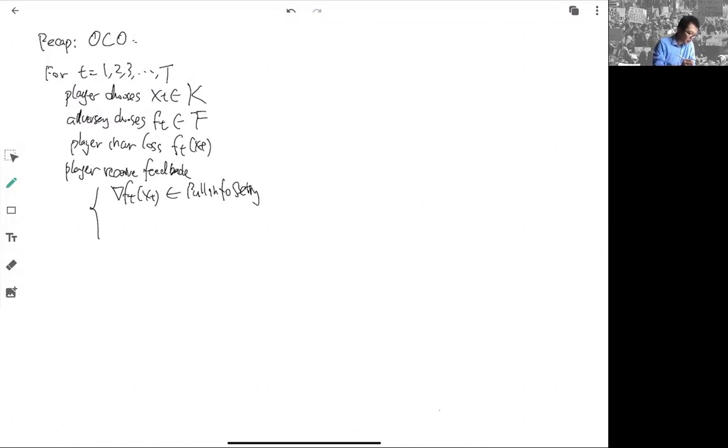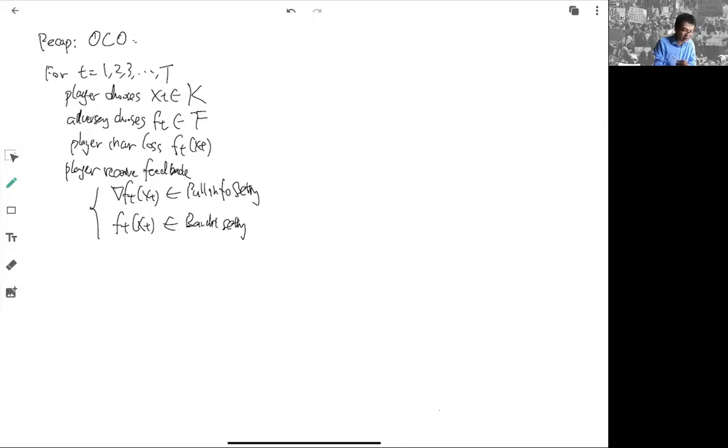Sometimes you get other settings where you only receive function evaluation. This is called the bandit setting, because then you have to explore and try figuring out what this function looks like elsewhere rather than just at this local location.